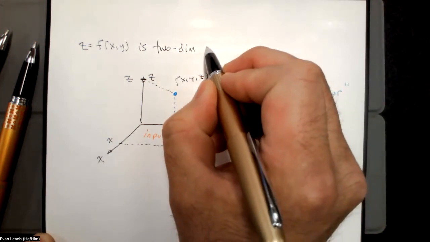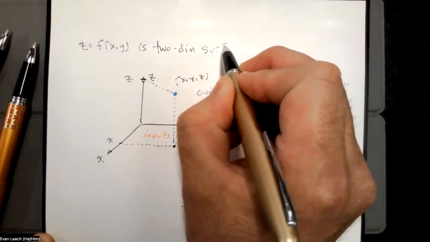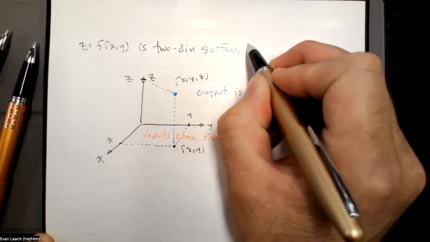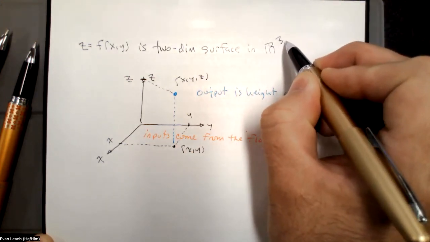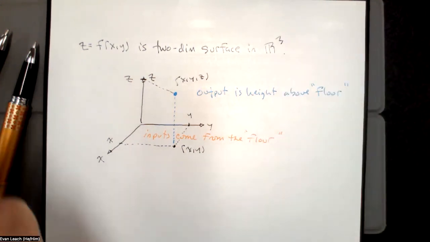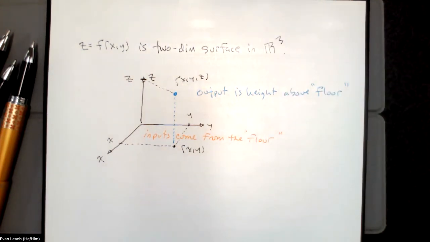We're going to call it a surface. And we're going to use our fancy terminology, R3. So our function of two variables will make a two-dimensional surface in R3.